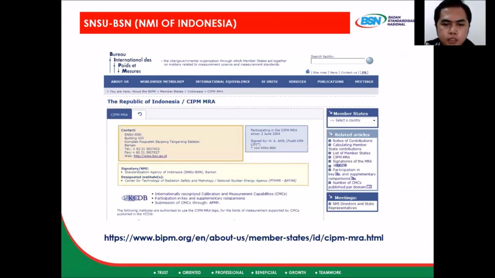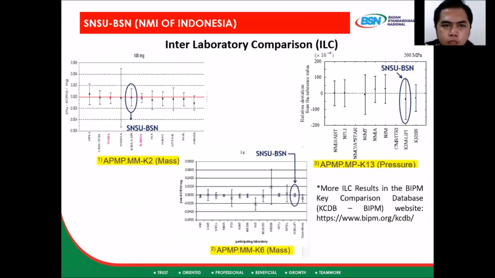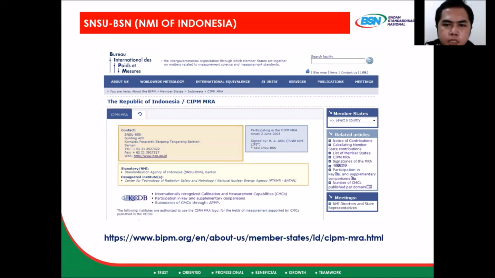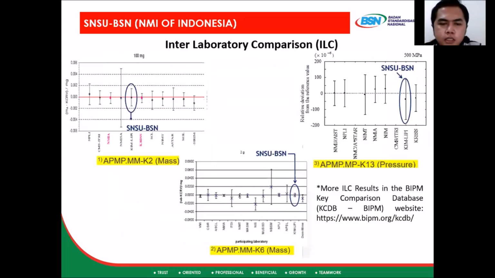And this is our profile on the BIPM website. You can search for our NMI on this website. And on this website, they also provide the results of the interlaboratory comparison for every NMI. And this is an example.